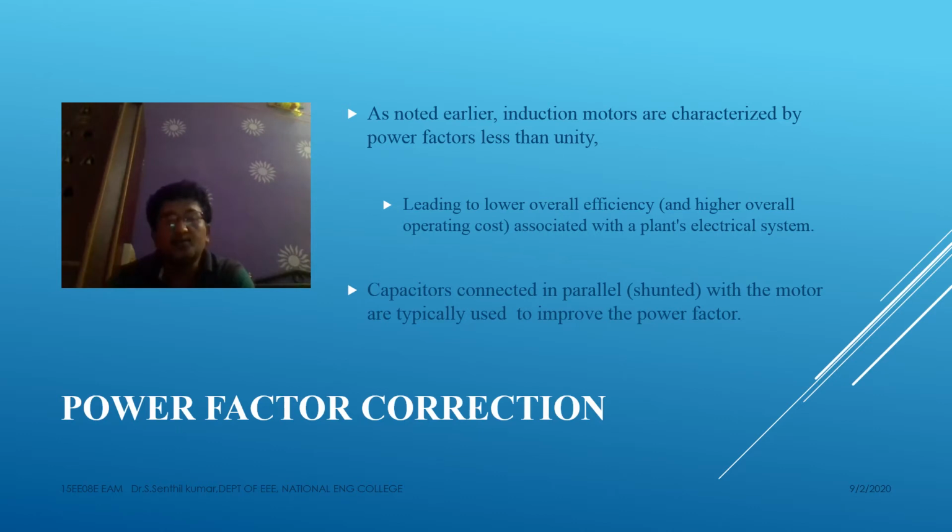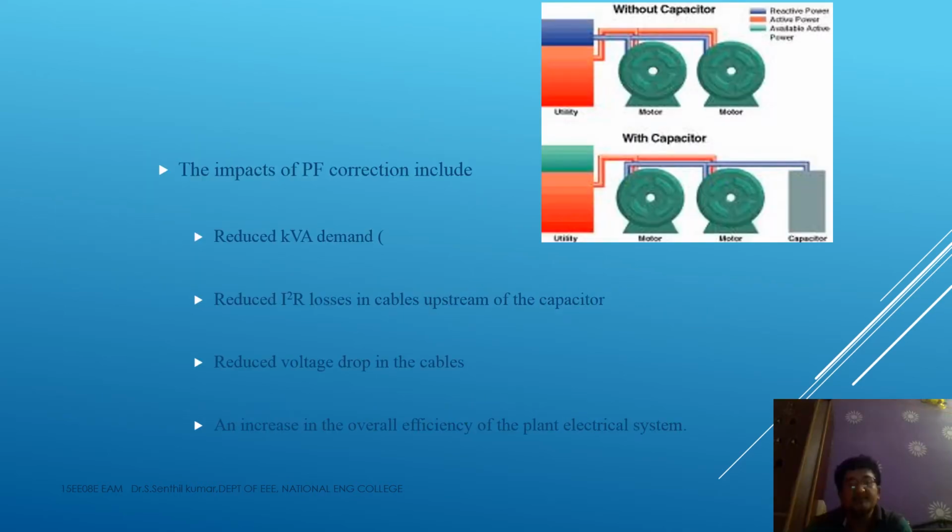Operating at a lagging power factor affects the motor performance, leading to lower overall efficiency and higher overall operating cost in the plant electrical system. So a capacitor connected in shunt, that is in parallel with the motor, is typically used to improve the power factor performance.